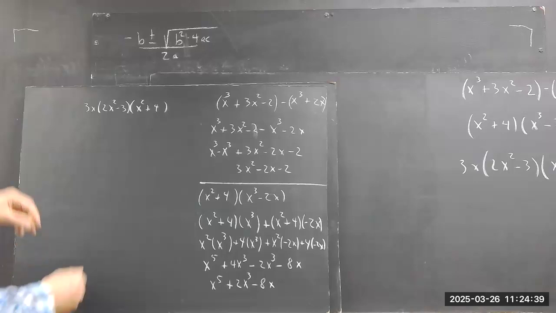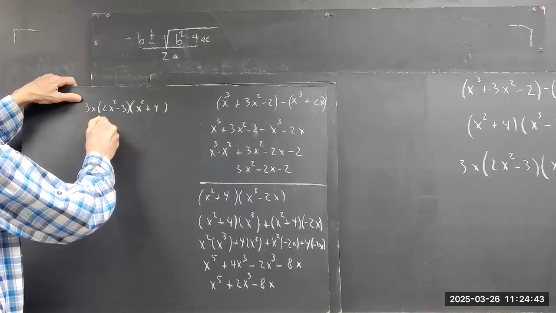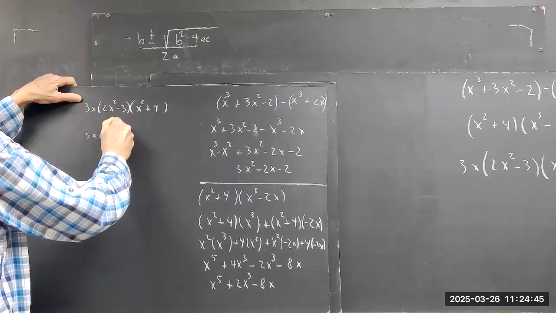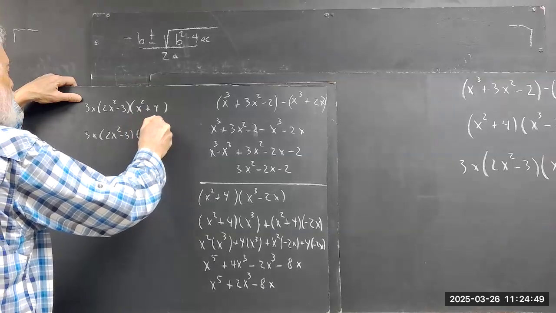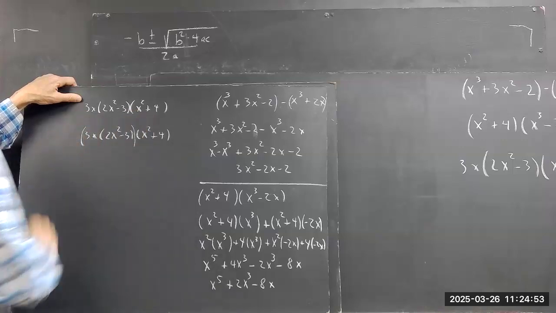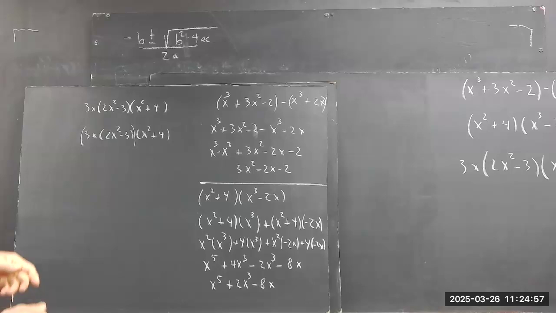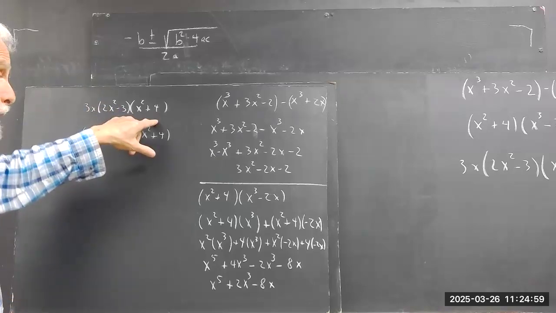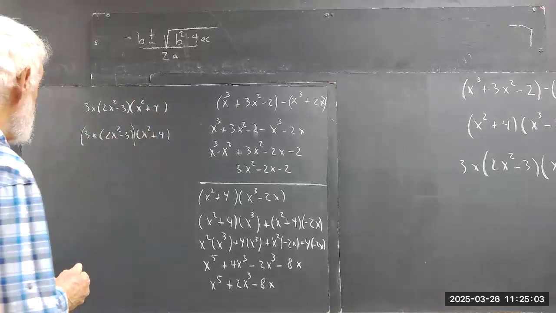Okay. So we can write this again, but put parentheses here and here. So we're going to multiply this by this first. Now, alternatively, we could multiply this by this first. Now, I'm going to do it both ways.